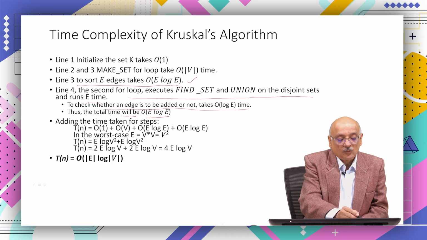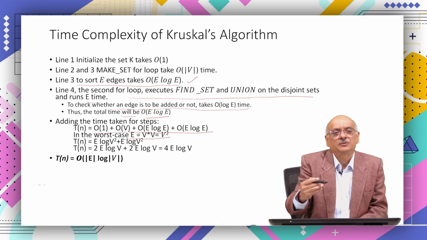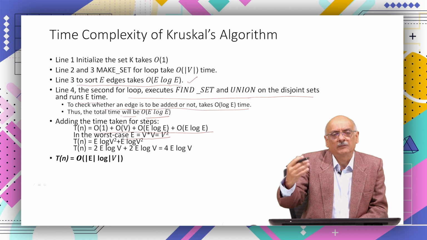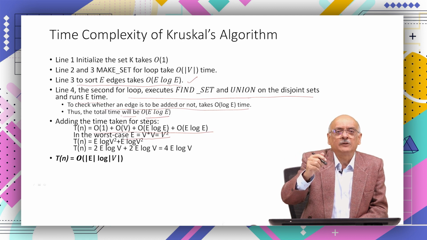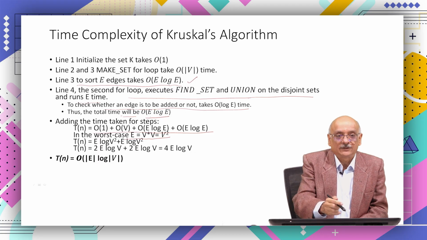Then, adding all these times together, if we assume the worst case, the number of edges is V cross V, that is V square, which is very high. That is, from every node there is an edge to any other node, including the self edge also.